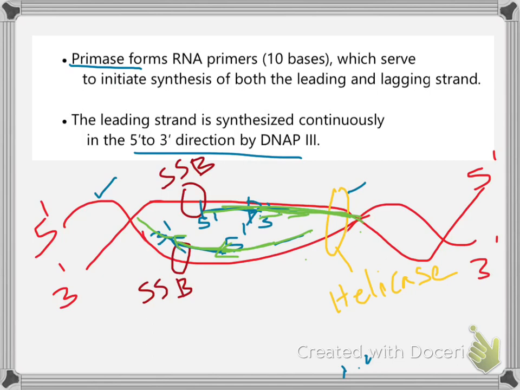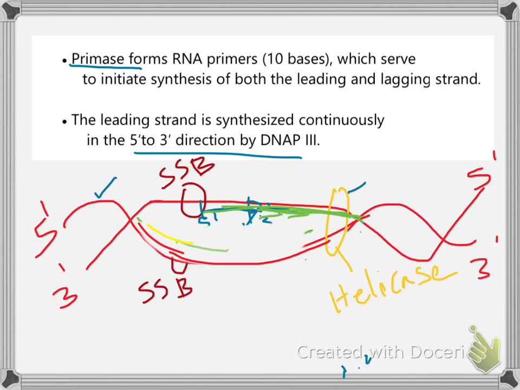When we add one primer, then the nucleotides are added to this in a continuous manner. But in the case of the lagging strand, the direction is opposite. So what we do? First add the primer by the primase and add the nucleotides by the enzyme DNA polymerase 3.